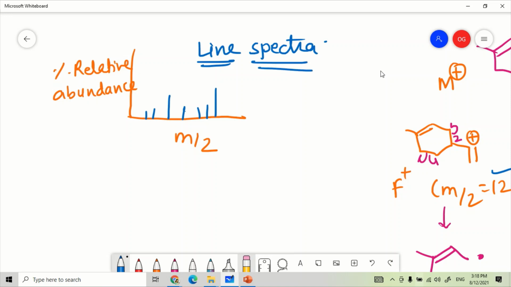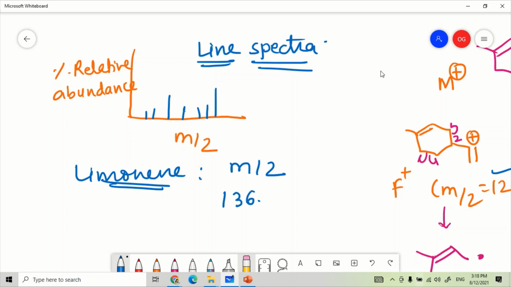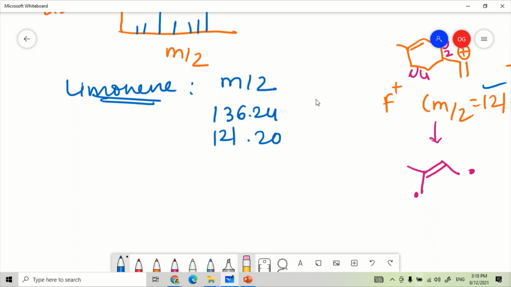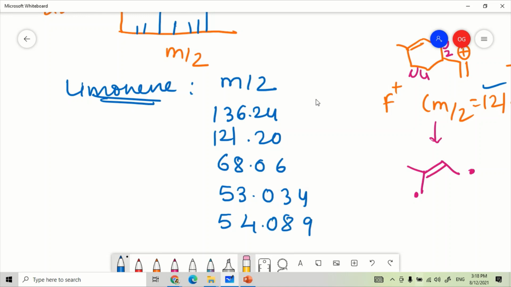So in the mass spectrum of limonene, we can expect peaks at various m by z values, like 136.24, which is the molecular ion peak. Then we can expect a peak at 121.20, at 68.06, at 53.034, 54.089, then 40.063.